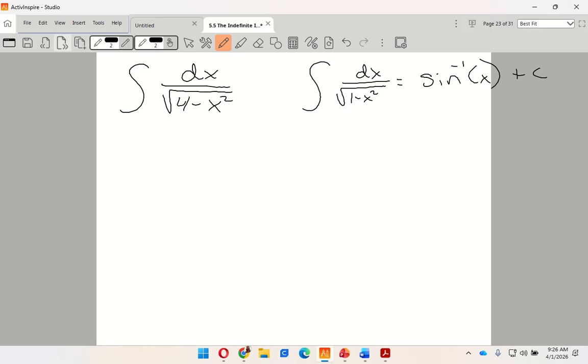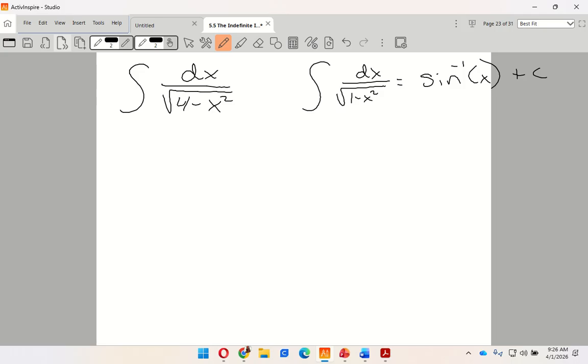So I gotta try and make it into that. So I'm gonna rewrite this right here. Because I look at it, I'm like, okay, the 4 is a problem. I don't like the 4. So what I'm gonna do is I'm gonna factor it out.